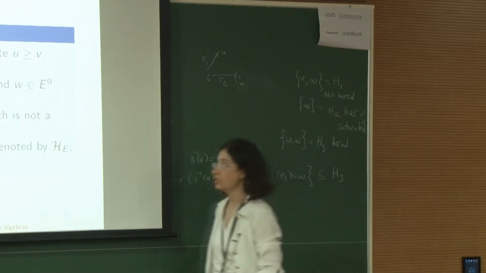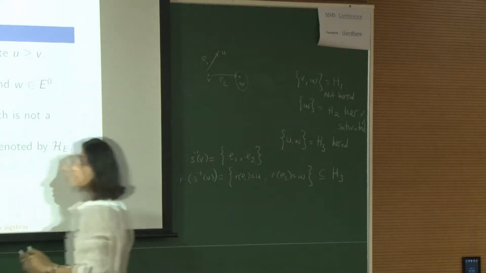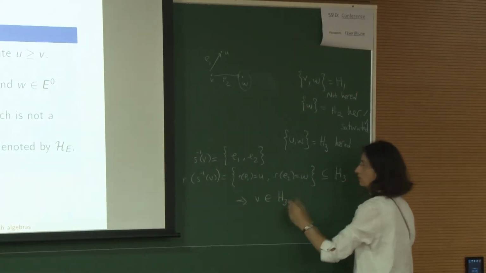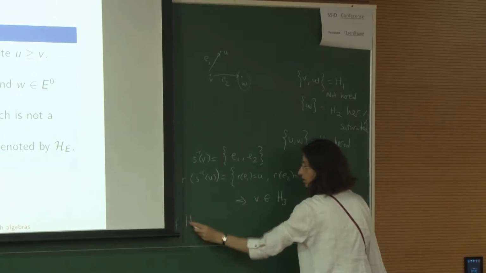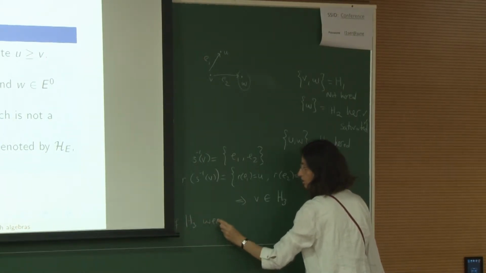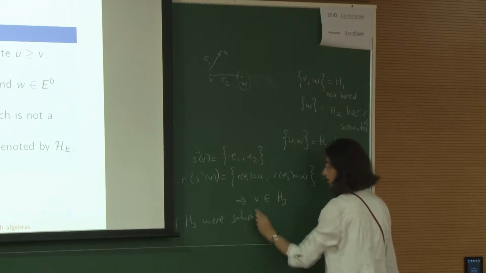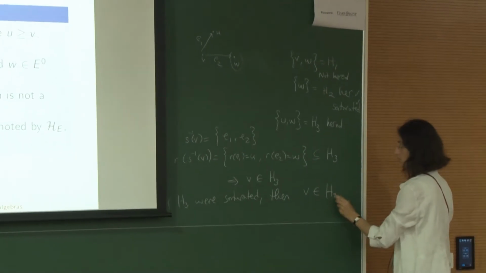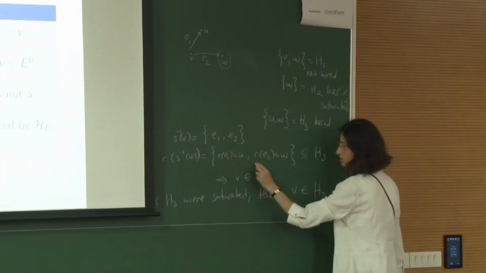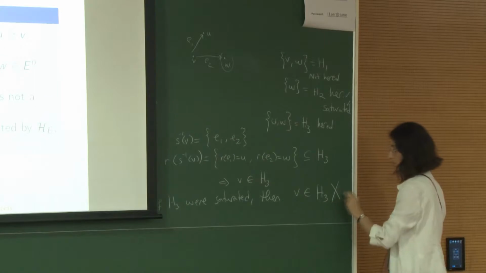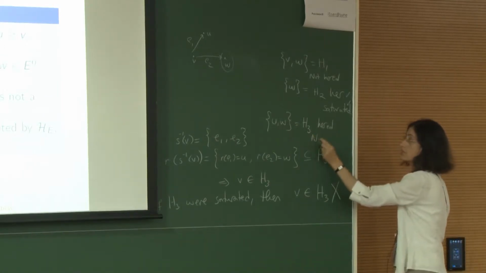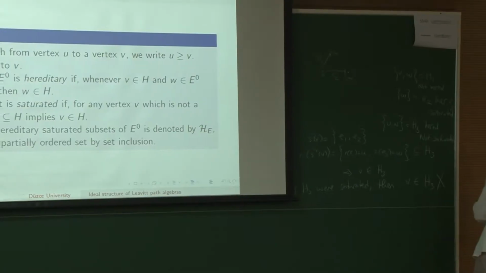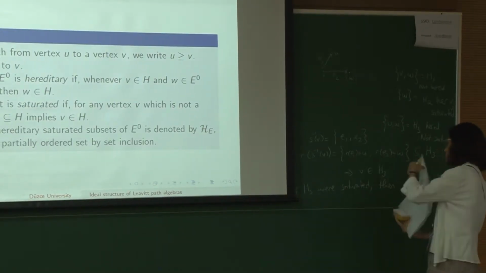So according to the saturation definition, I would have to get B in H3 if H3 were saturated. This is not possible, so that's why this is not saturated. Is that clear? I'll do another example which I'll probably use next class, so it's handy.